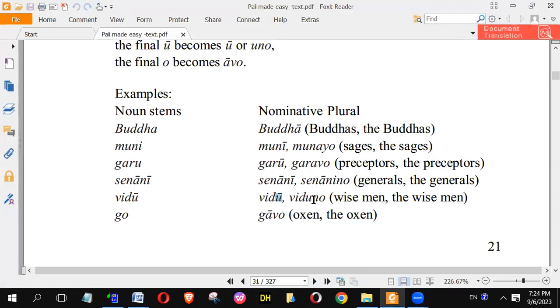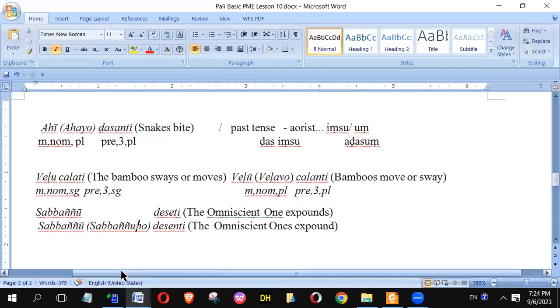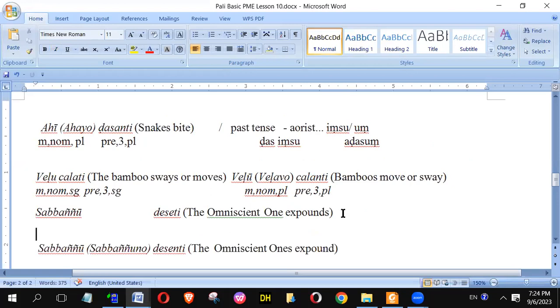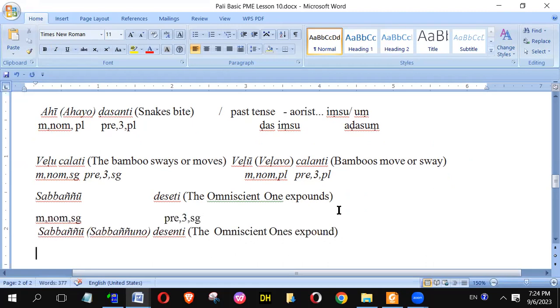Singular is this one. This is masculine, normally singular. So present tense, third person singular. So masculine, nominative singular. Plural here will be present tense, third person plural.